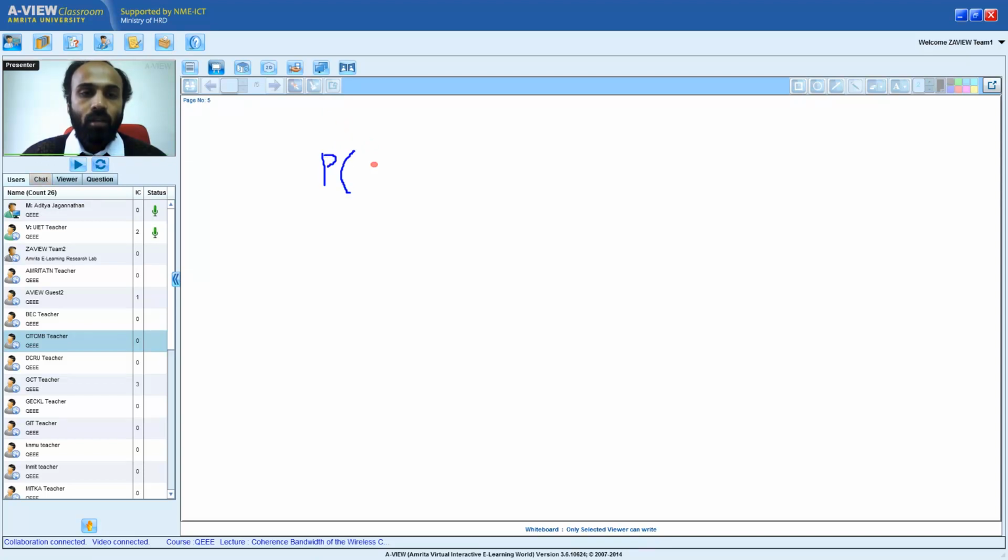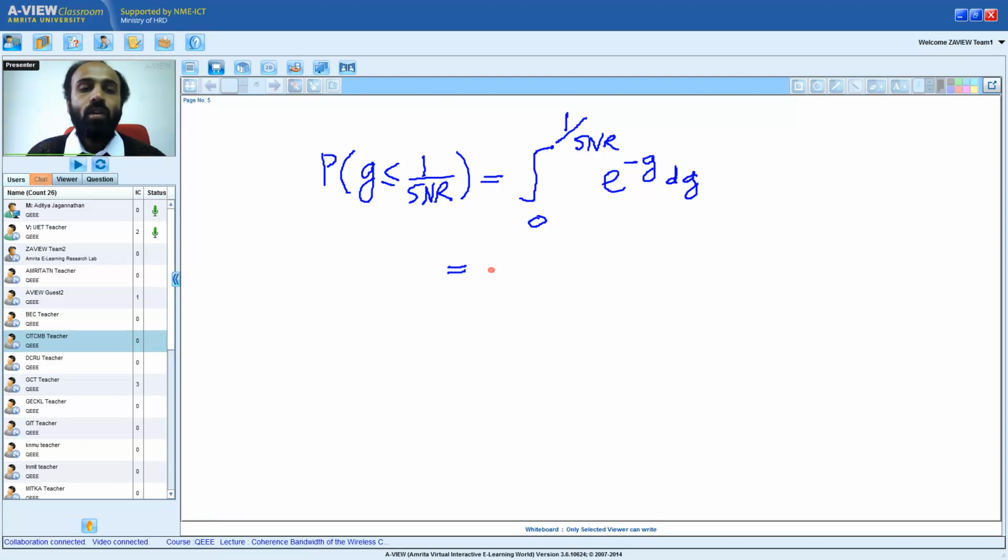The probability that g is less than or equal to 1 over SNR is equal to the integral from 0 to 1 over SNR of e to the power of minus g dg, and this is basically equal to, can someone tell me what is the value of the integral from 0 to 1 over SNR of e to the power of minus g dg?